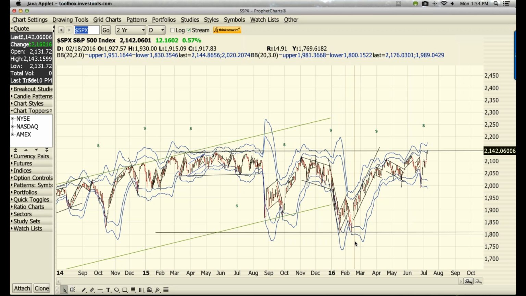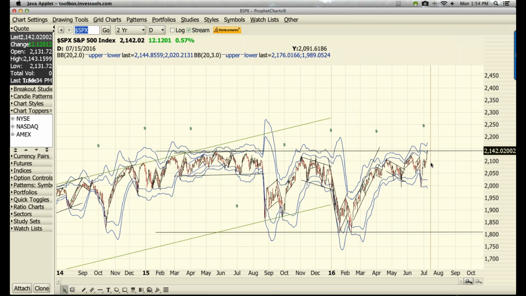Yeah, 1810.10 was the low on February 11th. So that's been quite a range, and then we moved from 1810 all the way back up and broke out of the high 2134 and formed a new all-time high.